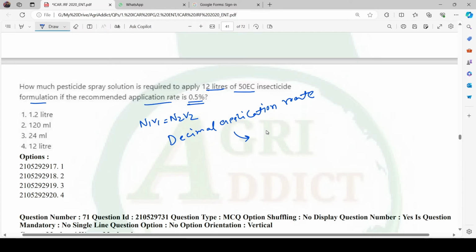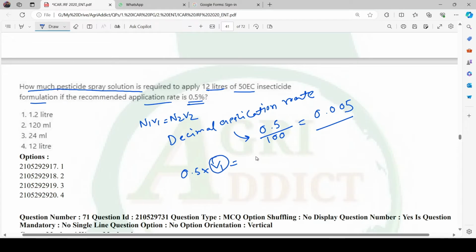Here the application rate is 0.5%. So just change it: 0.5 divided by 100, then you will get the decimal application rate, that is 0.005. Okay, and so the formula here is N1V1 equals N2V2. There N1 is 0.5. We need to know the V1, that is how much pesticide spray solution is needed.